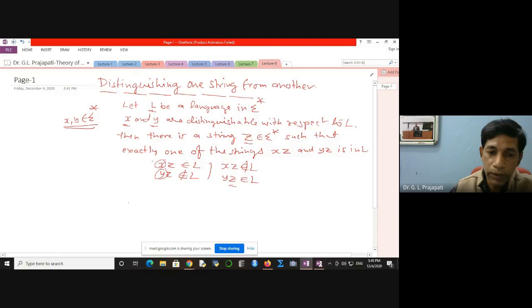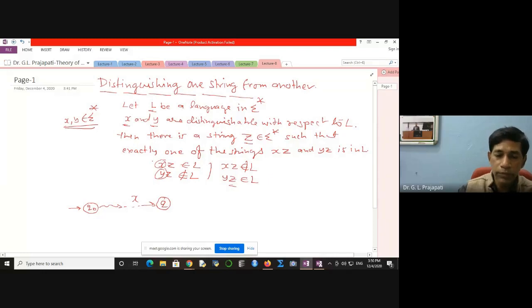And see, starting from the initial state, on receiving the input X, we assume your FA starts from the initial state. On consumption of the string X, it goes to a state, say for example q.